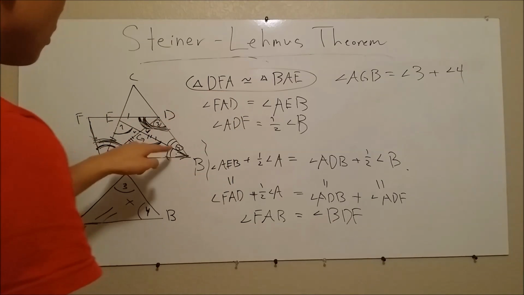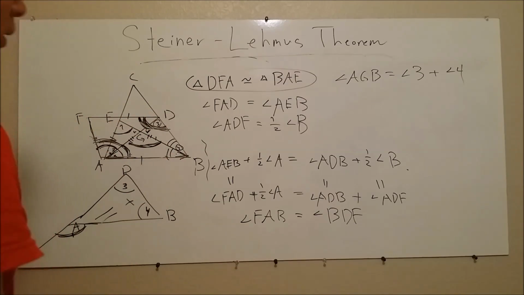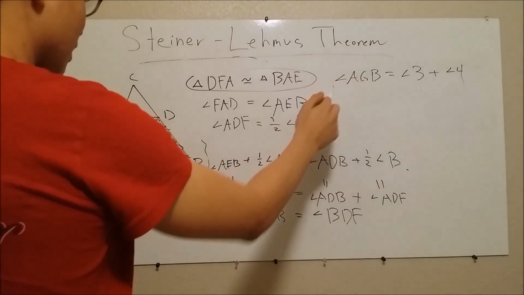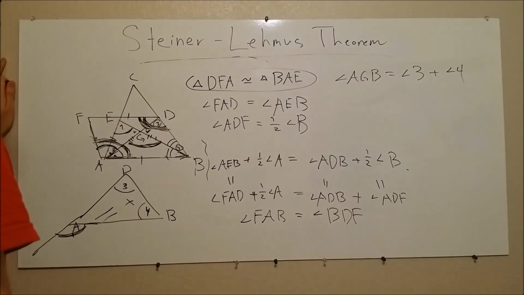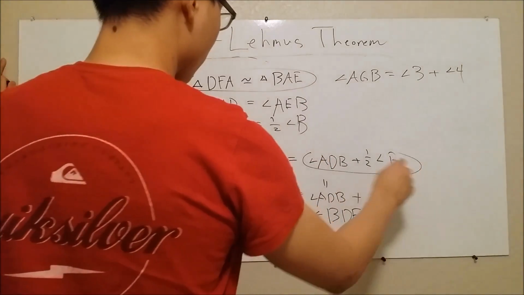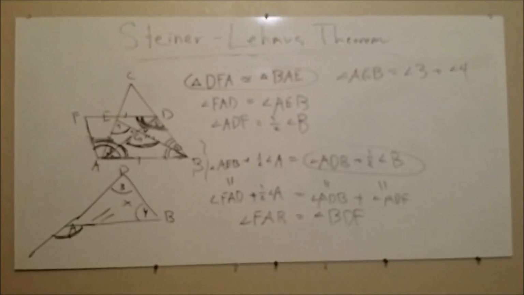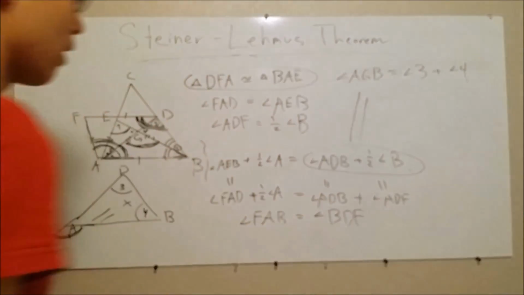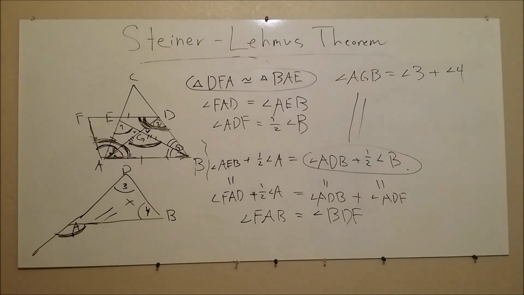Angle 4 is simply half B, right? And the sum of those two angles is AGB. But we have the sum right here, that's basically angle 3 plus angle 4, right? So that is equal to that, okay? But we have something else also, right? Angle AGB.